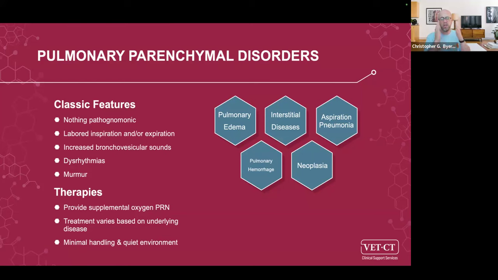And it's beyond the scope of this time together to talk about the management of all of these potential pulmonary parenchymal disorders. The takeaway here is there is no pathognomonic pattern for patients with true lung disorders like there is with lower airway disorders or upper airway disorders or pleural space disease.